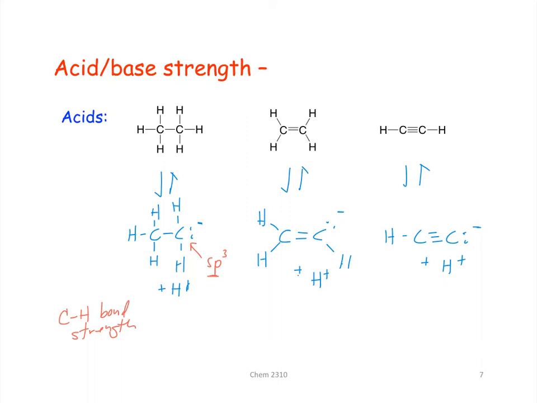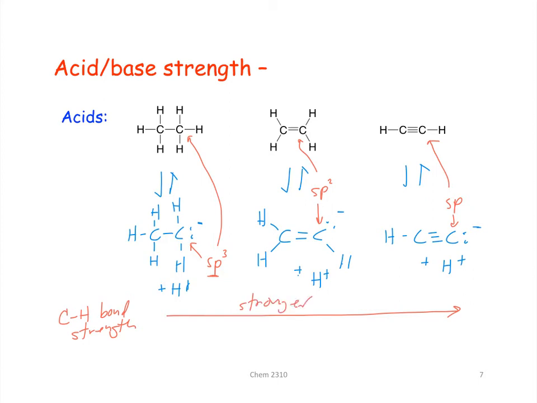This is sp3, we already said. What's the hybridization over here? This is sp2, and these are going to be the same for the acids. And then this one is sp. Remember back when we were talking about carbon-hydrogen bond strengths, that this bond strength actually increased from left to right.